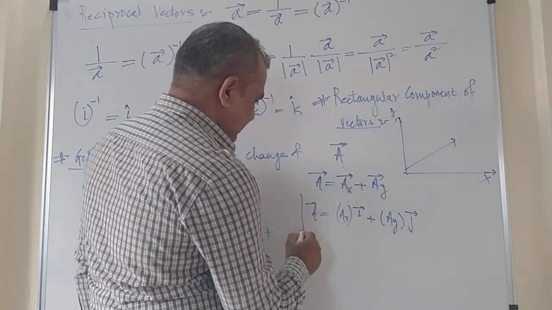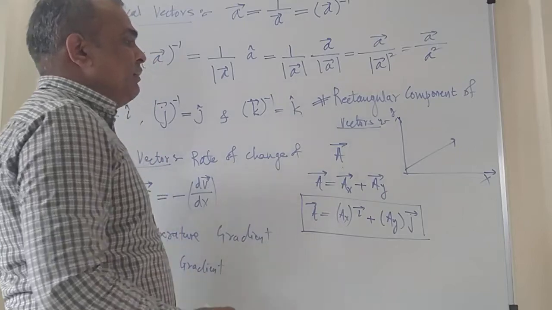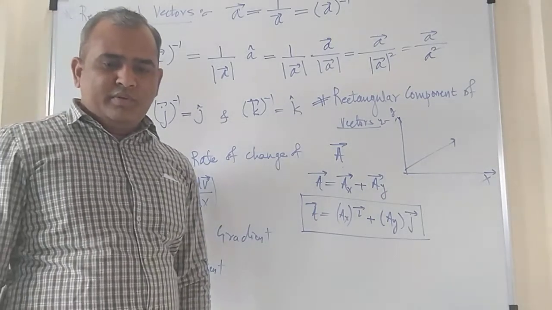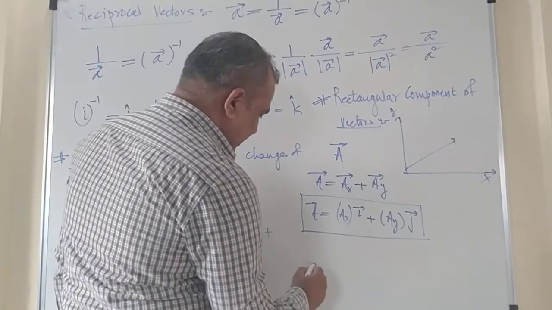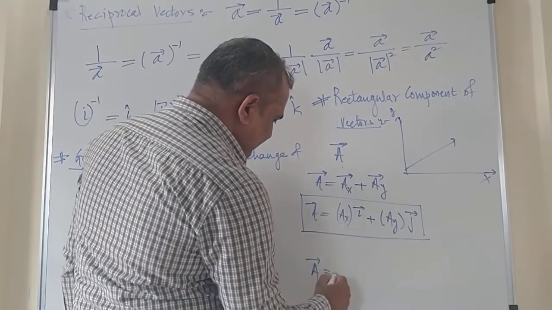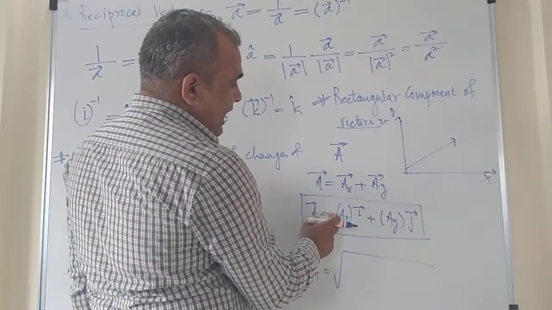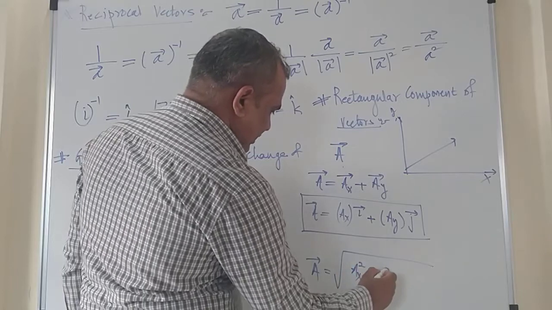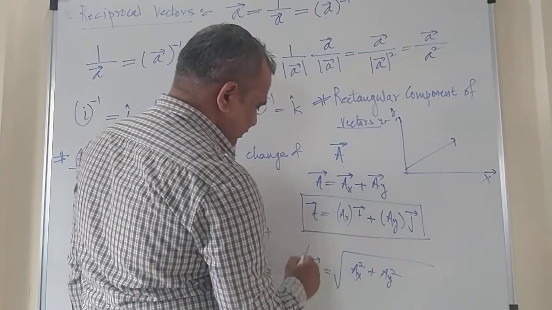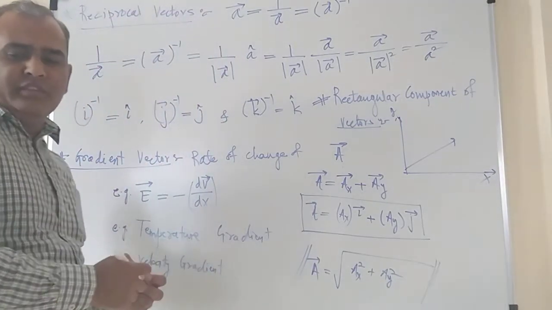This is the representation of a vector in rectangular components. Hope you understood this. And the magnitude of this vector is calculated as the square root of the coefficients of i and j, so it is the square root of ax square plus ay square. This is simple, and there is no need to go into much detail.